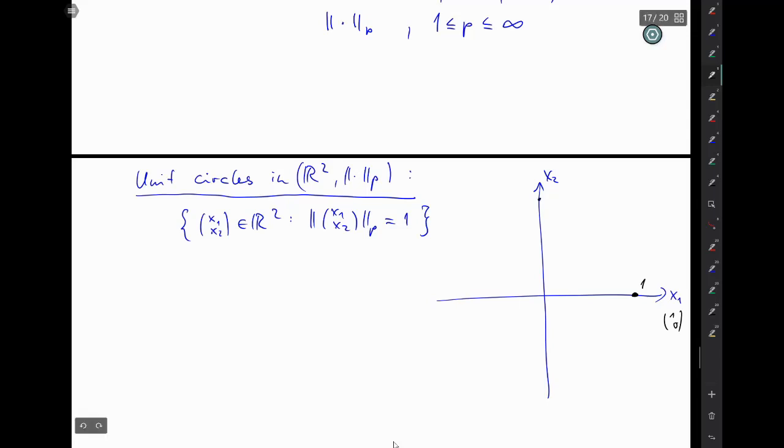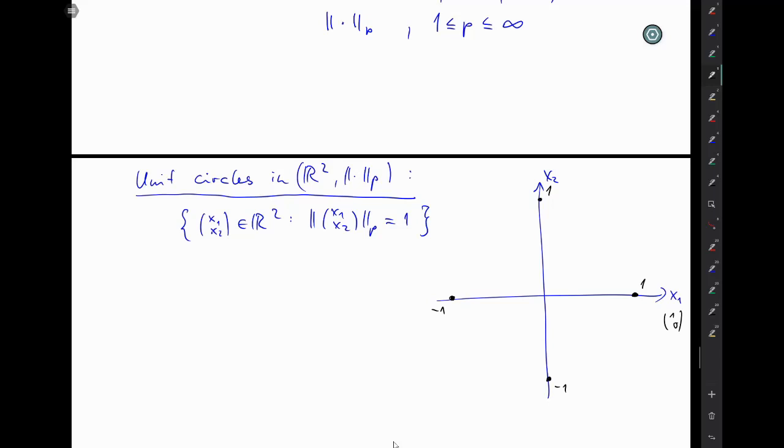And similarly also that point will always be on the unit circle, but also this one and that one at -1 will be on the unit circle, because we are taking modulus signs before we take powers.